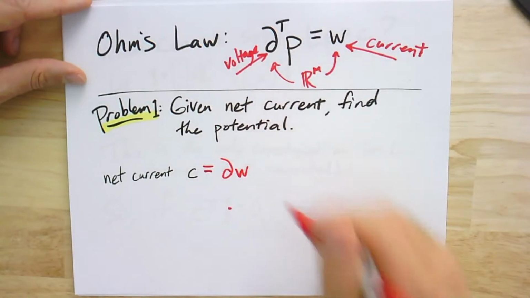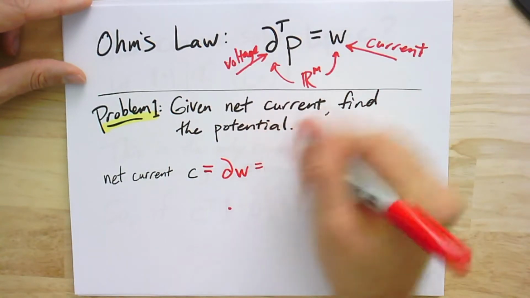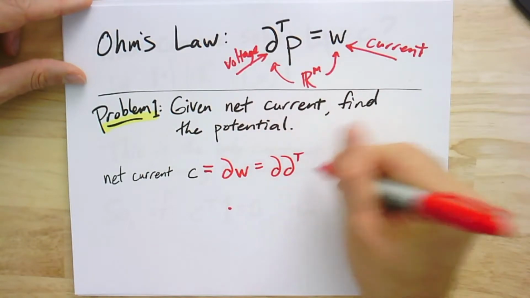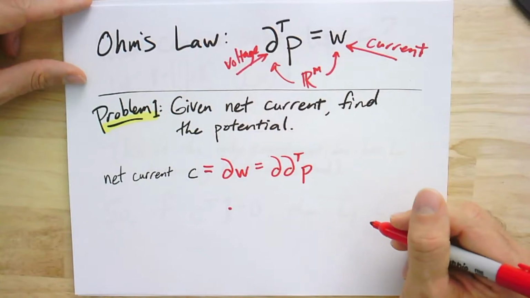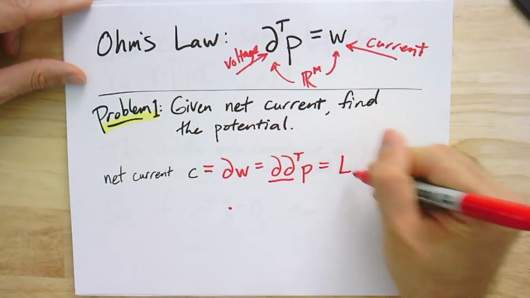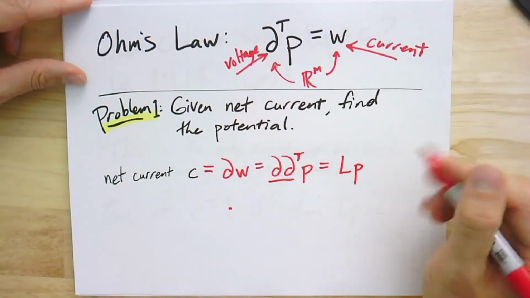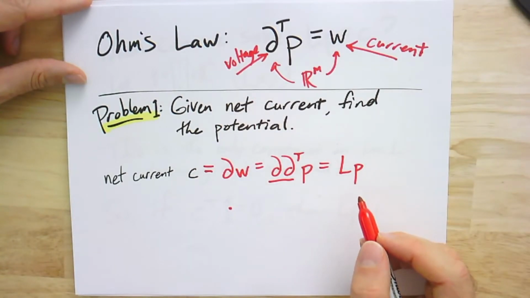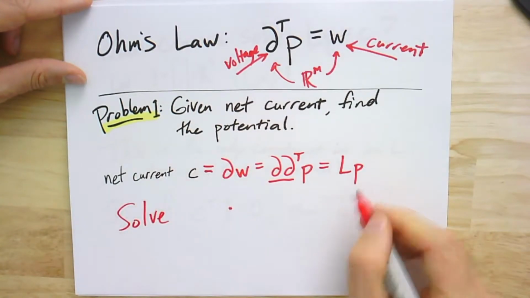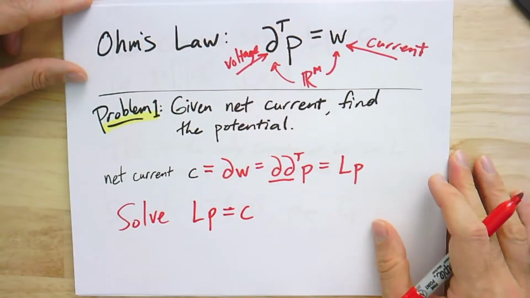Let's call this C, which by Ohm's law, if I plug in Ohm's law here, is just the boundary times the co-boundary of some potential. That's the potential that we wanted to find, and this is the Laplacian. So the Laplacian of the graph associated with that circuit is this. And so this tells us exactly how to do the computation. In fact, it's all here. We just need to solve this linear system, which is LP equals C, which is the system that I started with on that first page.